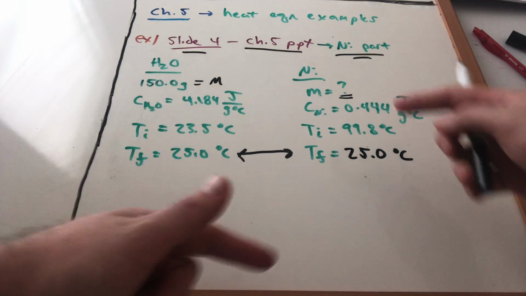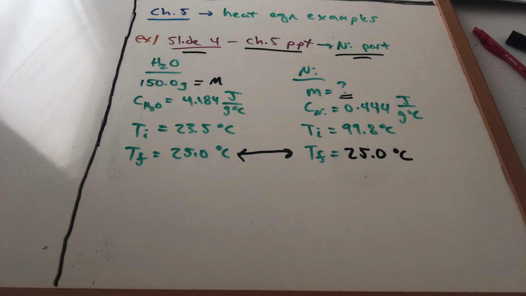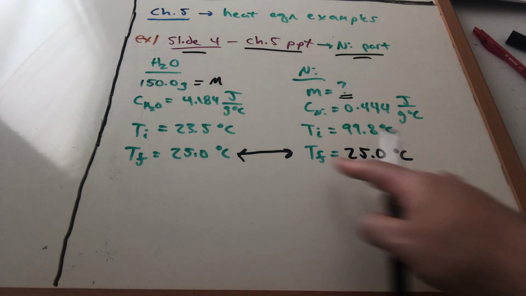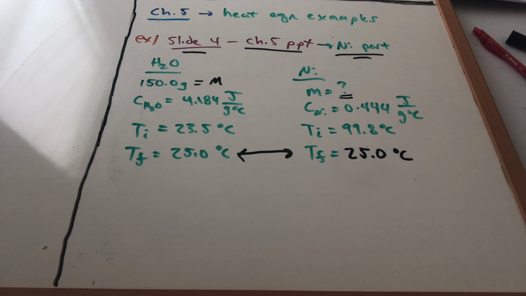Otherwise, heat would keep flowing between the two objects until they equal out. So if I know the final temperature of one thing, you know the final temperature of everything in a heat exchange, because you'll always get to that final point. The heat exchange will always be done. So actually, I just have this one unknown.